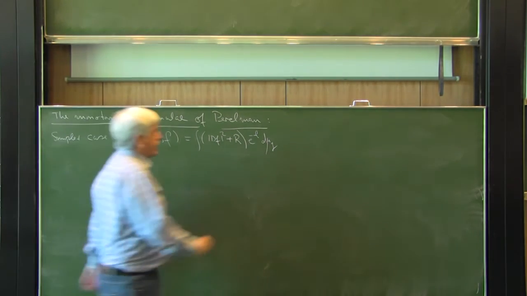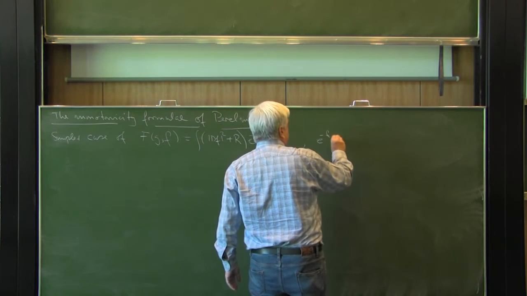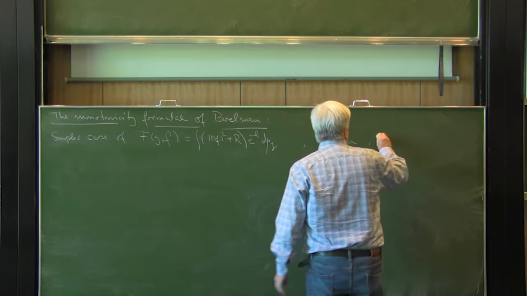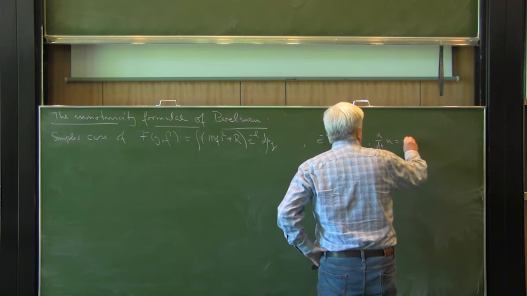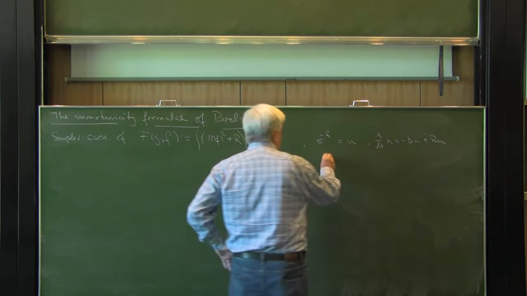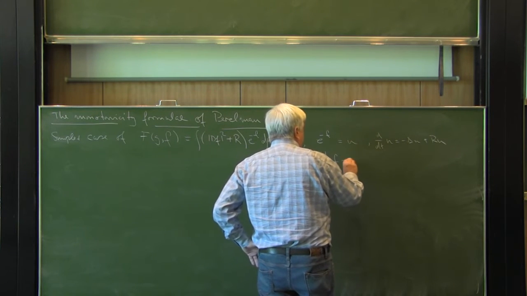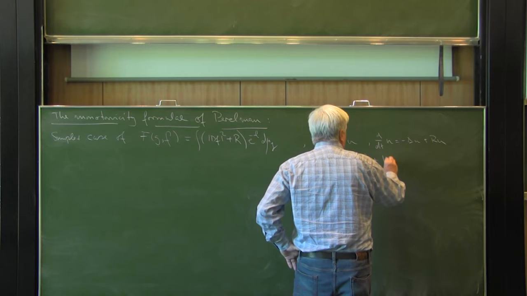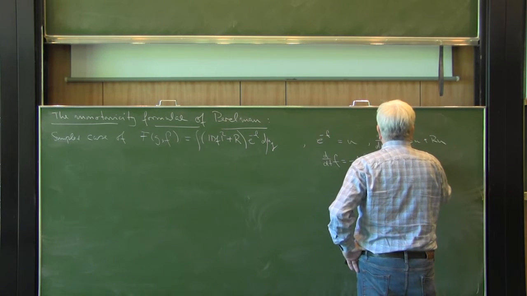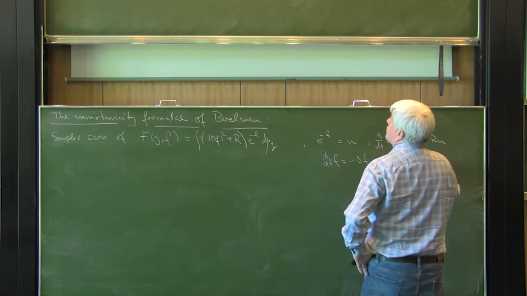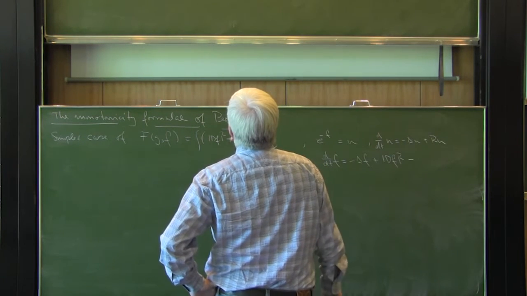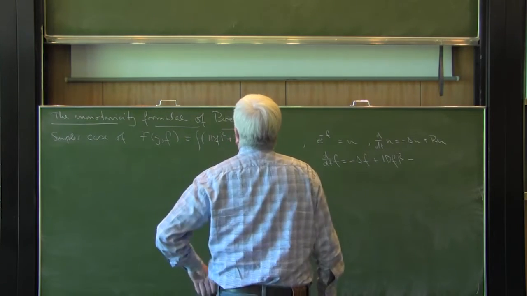And in this case, we have e to the minus f equals u and ddt u equals minus Laplace u plus r. And if we don't have the tau parameter, then ddt f equals minus Laplace f plus gradient f squared minus, I made a mistake.